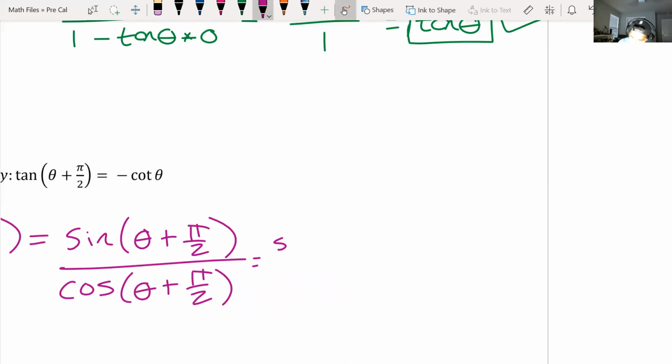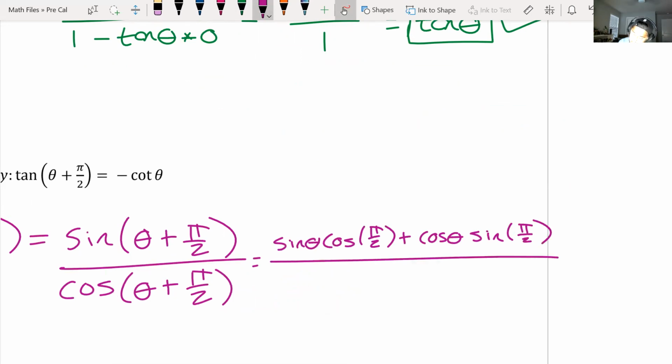So this will give you sine theta cosine of pi over 2 plus cosine theta sine of pi over 2, over cosine theta cosine pi over 2 minus sine theta sine pi over 2.